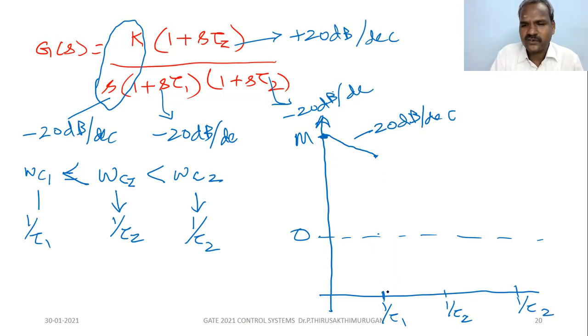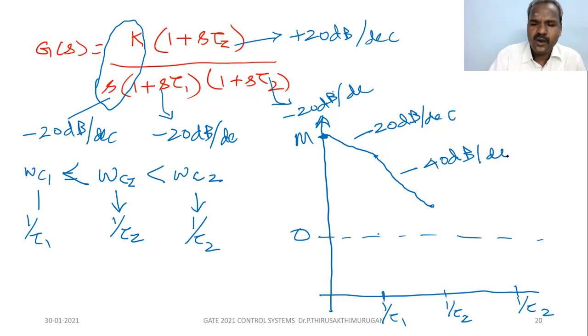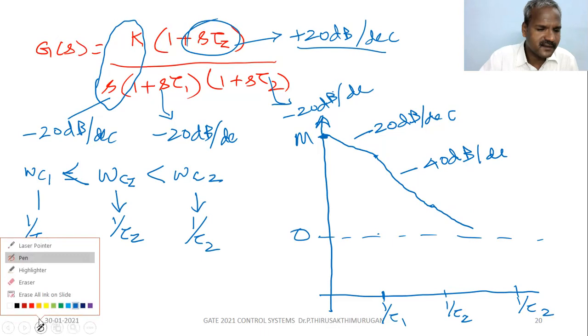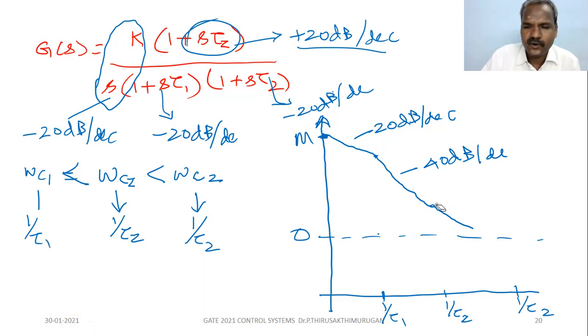This contributes minus 20 dB per decade, so it moves with a slope change to minus 40 dB per decade. At this corner frequency, which belongs to this zero, the zero factor is plus 20. So minus 40 plus 20 becomes minus 20. So it moves with minus 20, right? Minus 20 means it moves up somewhat, right?